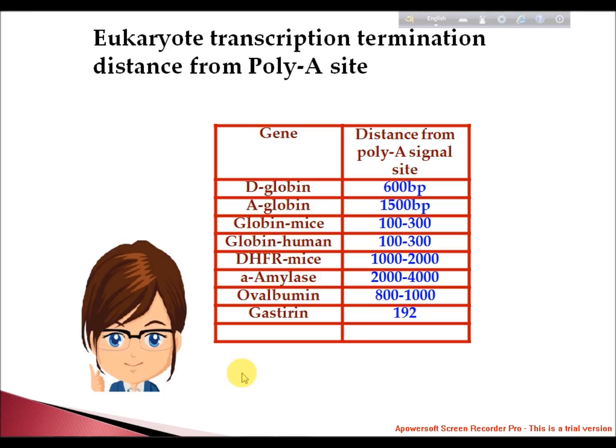Yeast cells do not have poly A signal sites; instead they have a UA rich sequence upstream of the poly A start site. Even plants have poly A signals such as AAUAAA, but prokaryotes don't contain poly A sequence at their 3' ends. To perform polyadenylation, the following factors and enzymes are required.